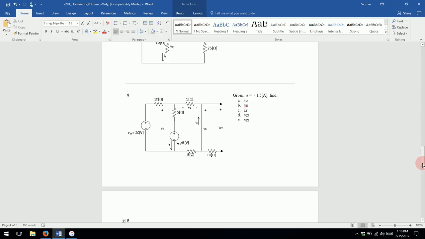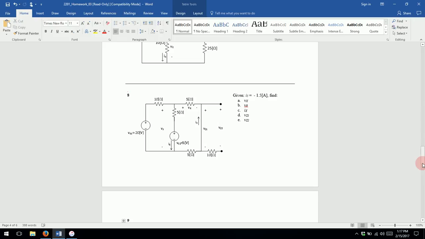Let's look at our options, okay? So I'm thinking a lot. Now, plus Vx. If I go through here, minus 20, I don't know the current through 10 ohm. If I go through here, plus Ix times 5 ohm, I don't know Ix yet. If I go plus Vx, minus 5, minus I5 times 5, do I know I5?